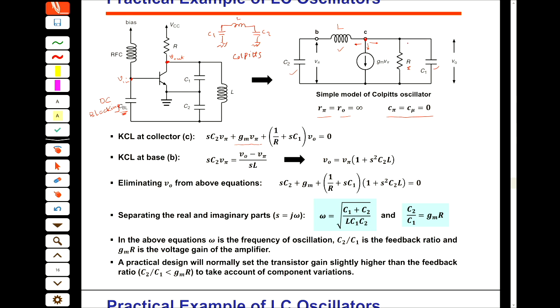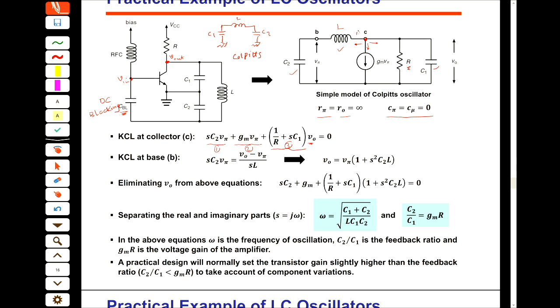One current is coming from this voltage multiplied by the conductance of your collector, which is 1 over R plus sC1. And then another current is coming from this one. The current which is passing through this capacitor is similar to the current which is passing through this inductor, no difference. So this is the current 1, 2, and 3.